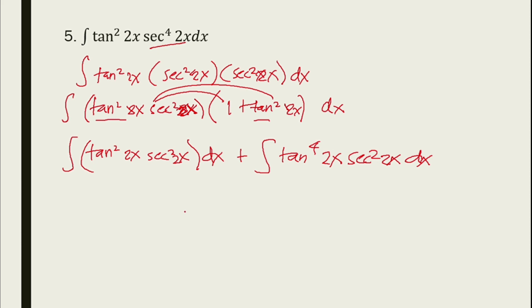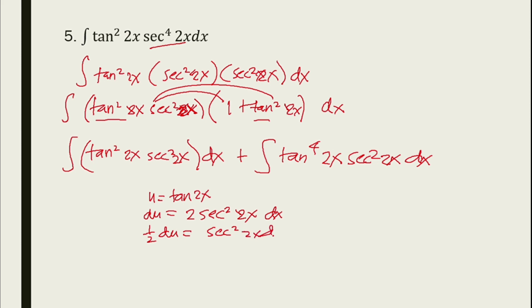We take u as equal to tangent 2x. So our du is equal to 2 secant squared 2x dx. Therefore, 1/2 du is equal to secant squared 2x dx, which is our constant factor of 1/2.